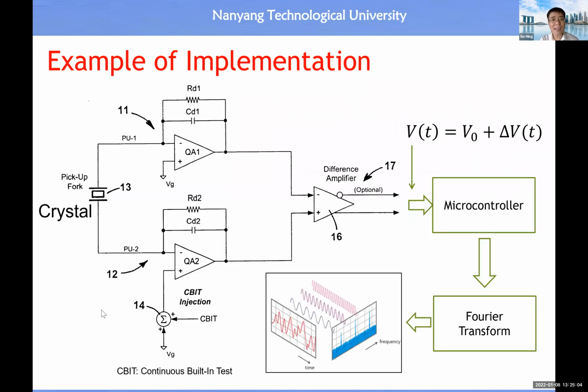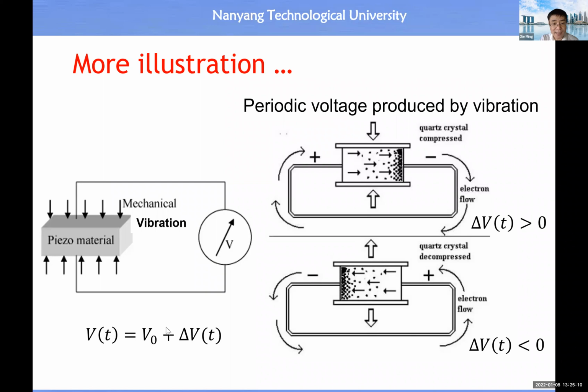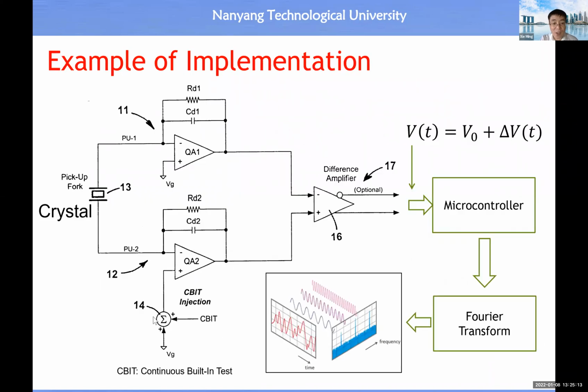And this one shows you an example of implementation. You may want to know how to get this V0. Actually V0, you can add in here, okay? This is the ground level, the voltage at the ground level, same ground, all right? But here you see we add a voltage here just to lift up the output signal. Then the piezoelectric material is here. So you see here we have a voltage, here we have a voltage.